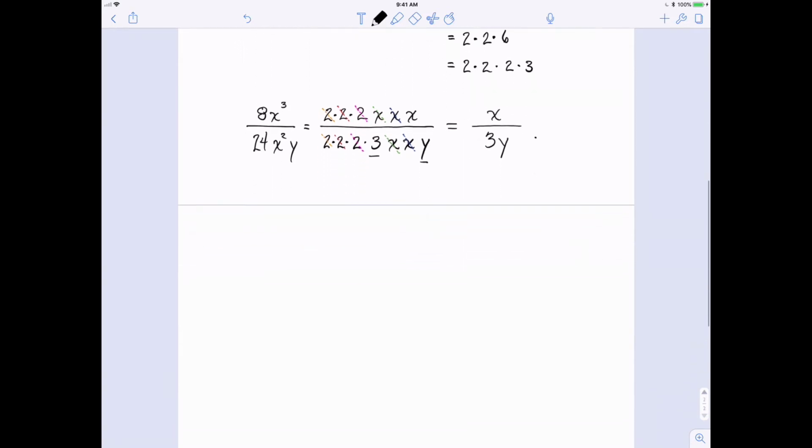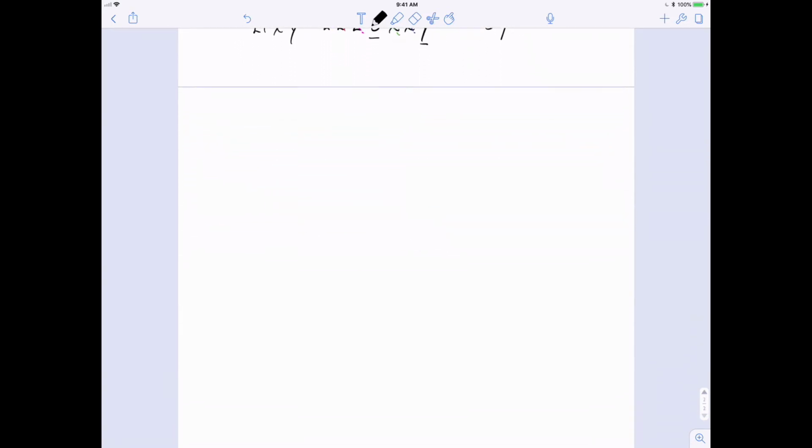Okay. One more. Now, this one will be more interesting because normally you think of rational expressions having polynomials. So let's try one that has some more obvious polynomials.